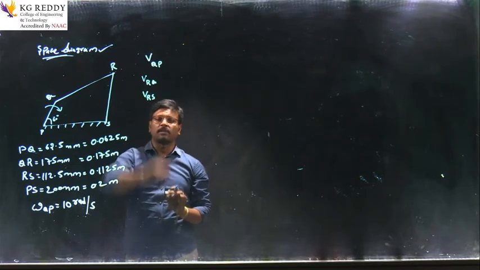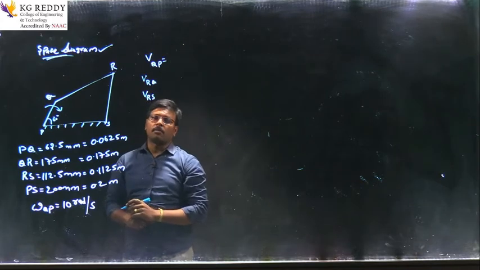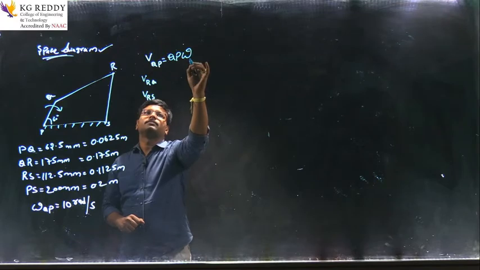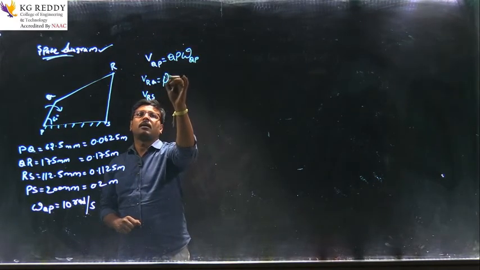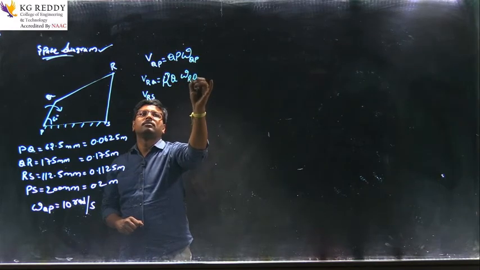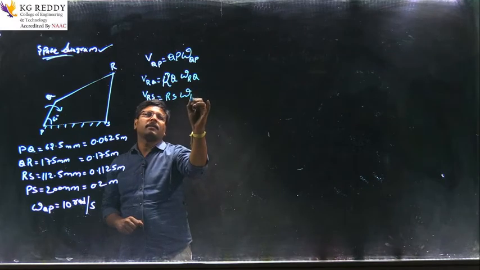S is a fixed one. We have to find these terms, and the formula for this is omega QP times PQ, omega RQ. Like this we have to get the values.